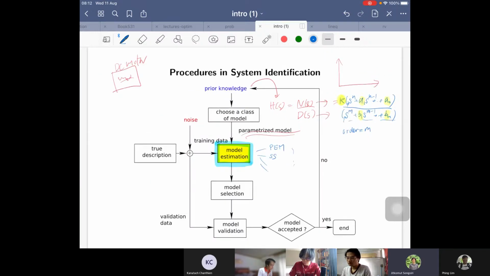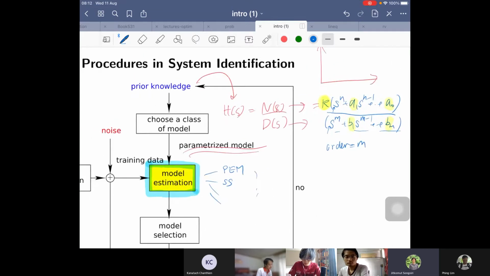But when you estimate a model, as we mentioned, when you describe it here, you haven't specified the model order yet. You leave it as a general number m, which means in the process of model estimation, you can estimate the model with various orders.